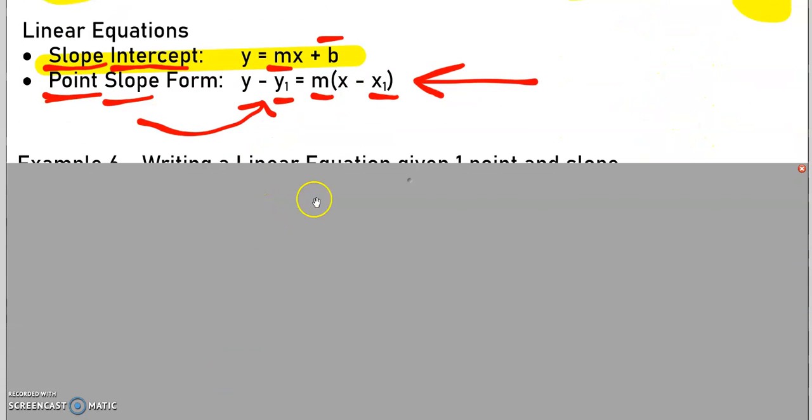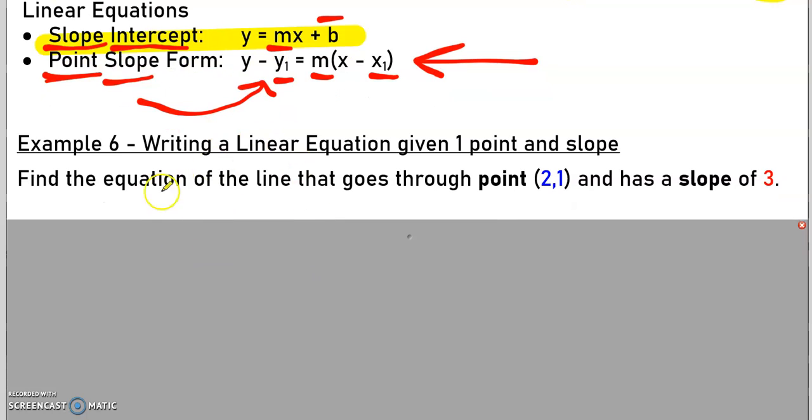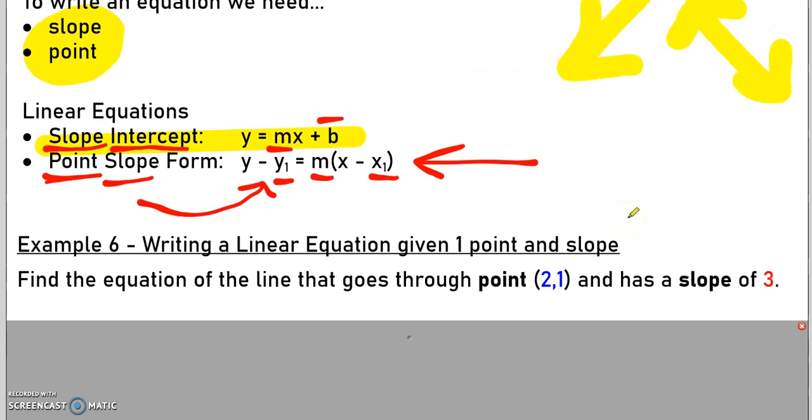Okay? So let's use that equation to solve this and write this equation. So example 6 now, it says, find the equation of the line that goes through the point (2, 1) and has a slope of 3. So remember, I needed two things, and guess what? This one is so nice, it gave us both, right? I needed a point, perfect, got a point, and I needed a slope, got the slope, awesome.